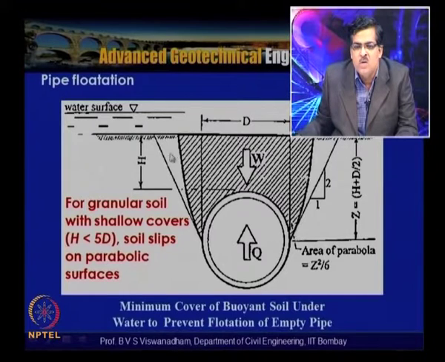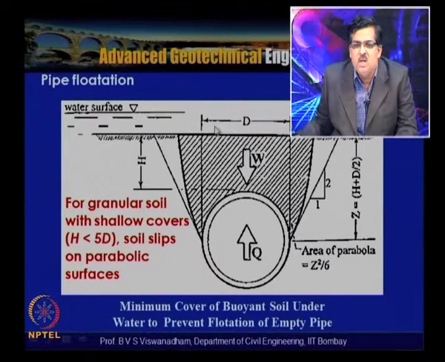If Q is more than W, then the pipe is subjected to flotation. So we need to ensure that W by Q has at least a factor of safety of 2, so that the flotation issues can be addressed.